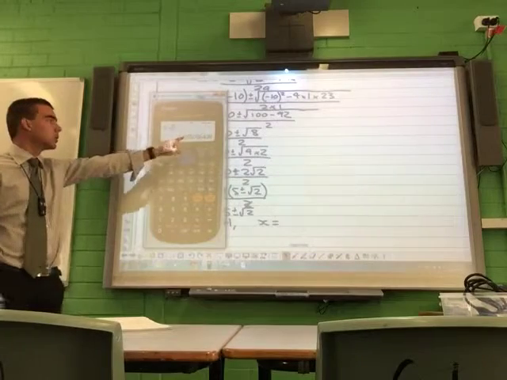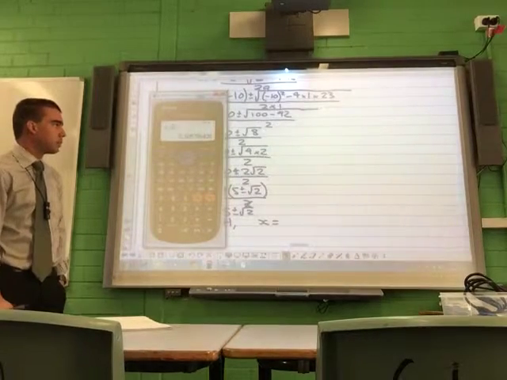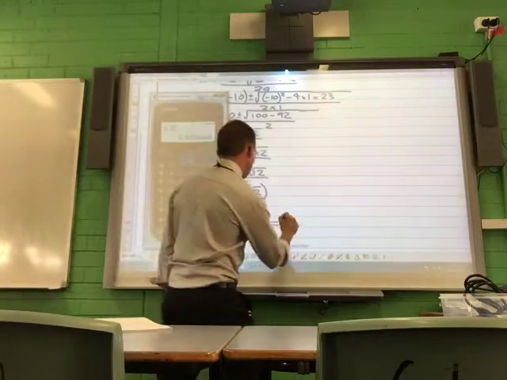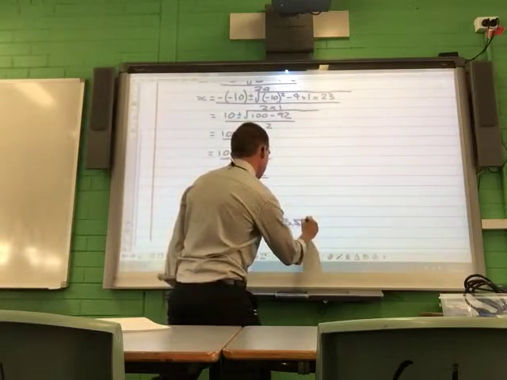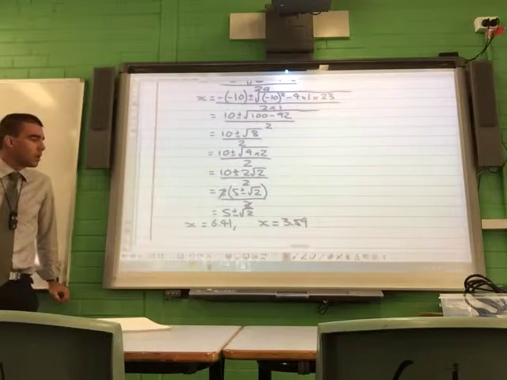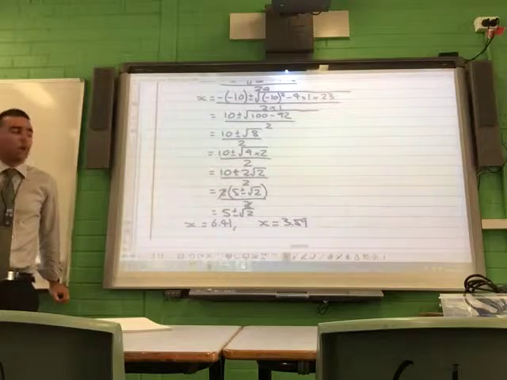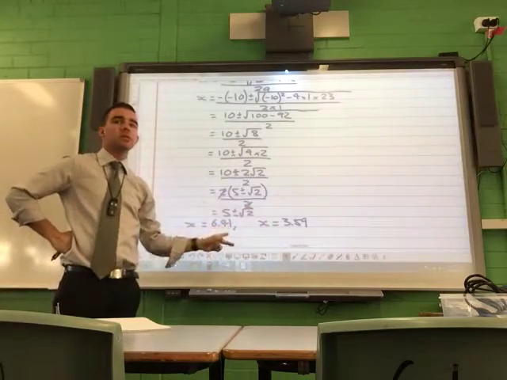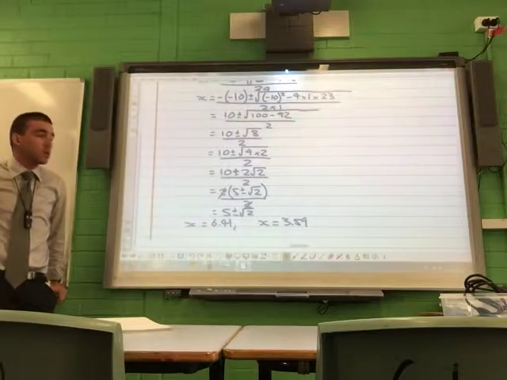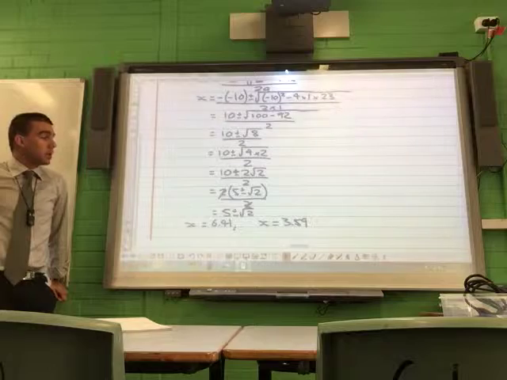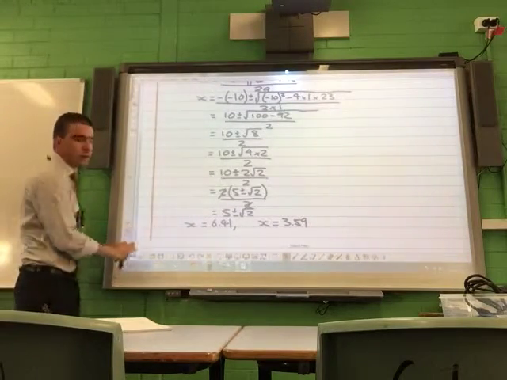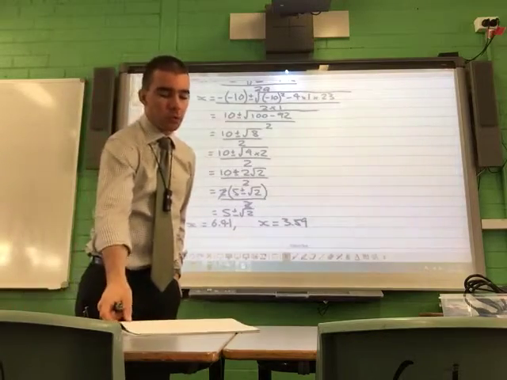Just like your rounding skills, you need to add 1 to the 58 to round correct to 3 significant figures: 3.58. So, if you are getting these sort of answers, it means it's not so straightforward to factorise as in whole numbers. You can get these same solutions by doing the method of completing the square, but obviously the quadratic formula will be a more straightforward way to do that.